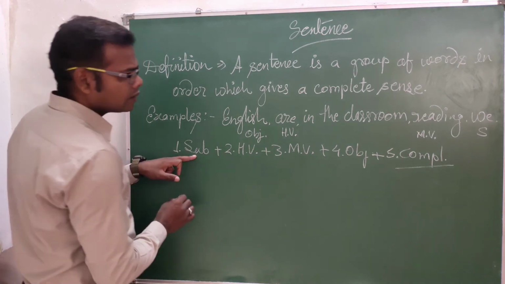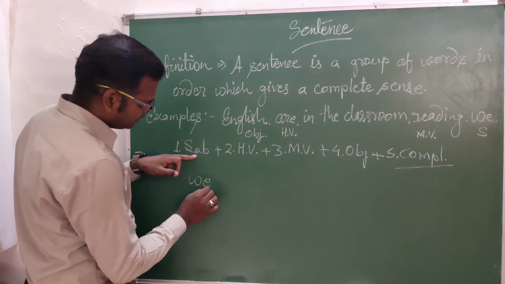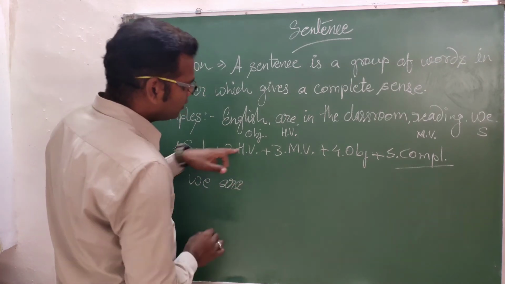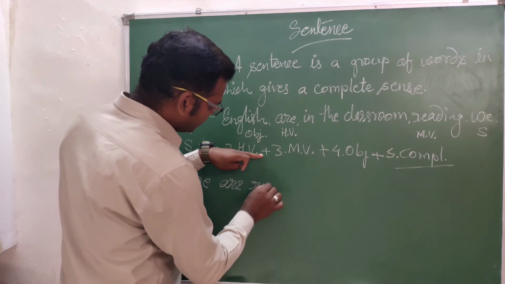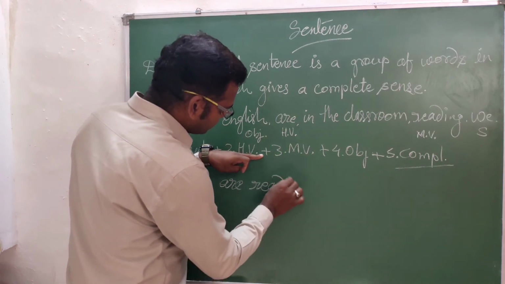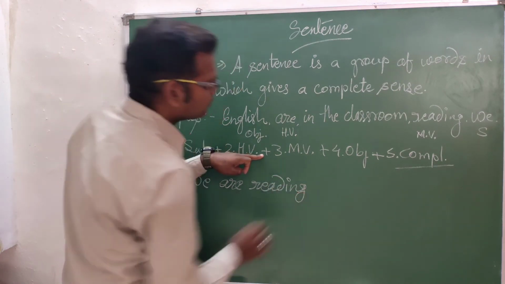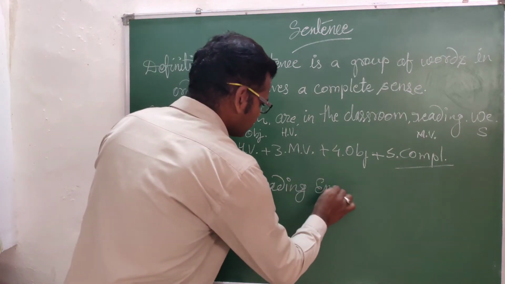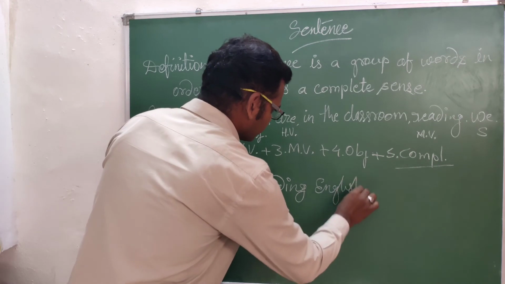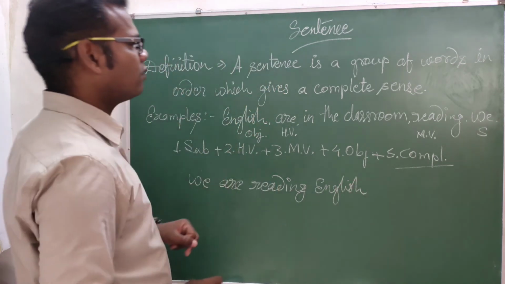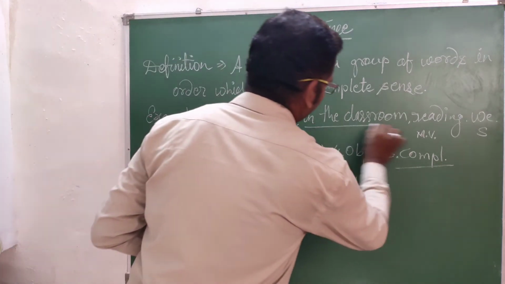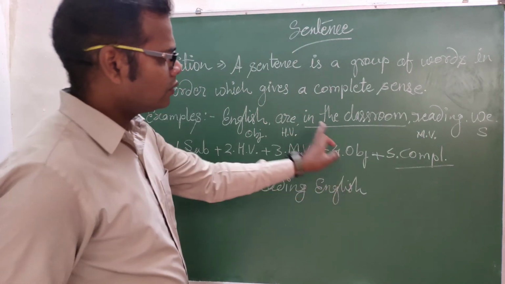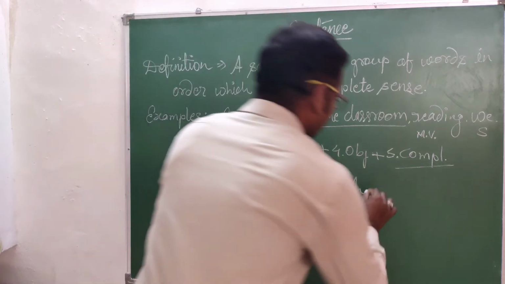Like subject, it is we. Helping verb, it is are. Main verb is reading. Object is English. And rest of the words are in the classroom. So we will jot down in the classroom here.